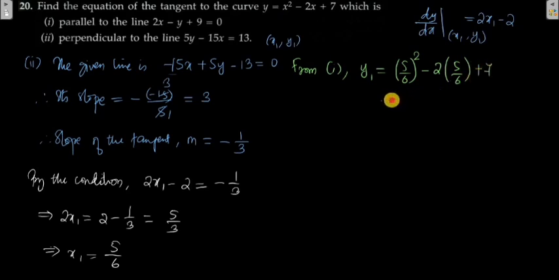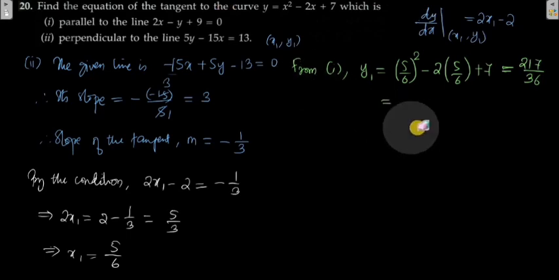Now I'm going to give you the final answer when you simplify this. So you get 5 square 25, 6 square 36, minus, 2 and 6 gets cancelled, so you get 5 by 3, plus 7. When you simplify this, altogether you are going to get 217 by 36. So this is going to be the value of y1.